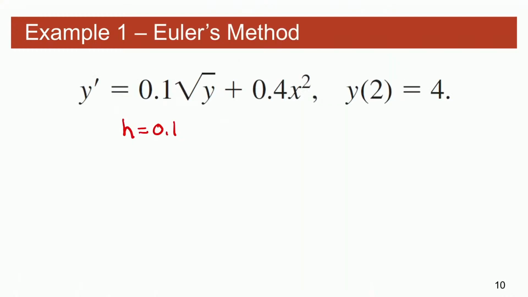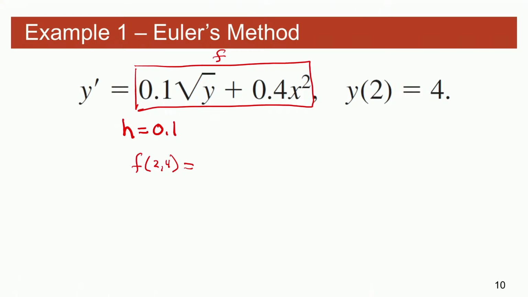So remember, what you're going to do is compute f of 2, 4. By the way, f is this thing right here. That's f. So that's going to be the slope.